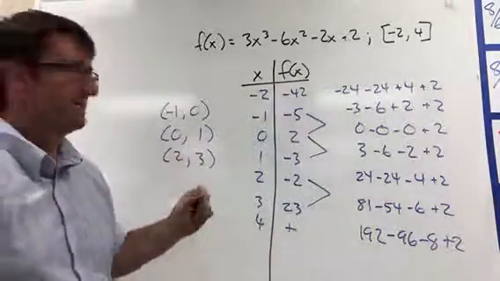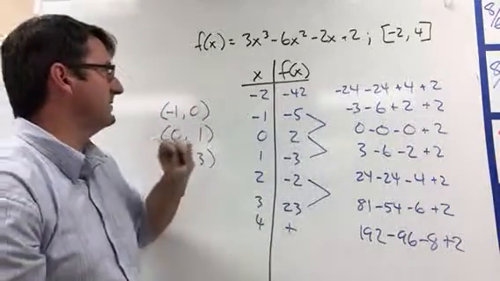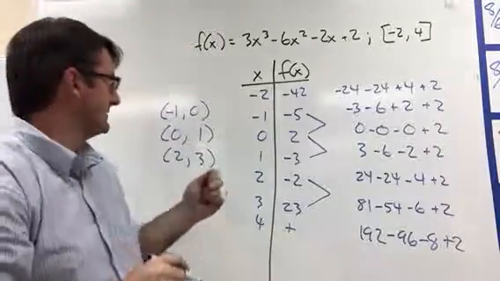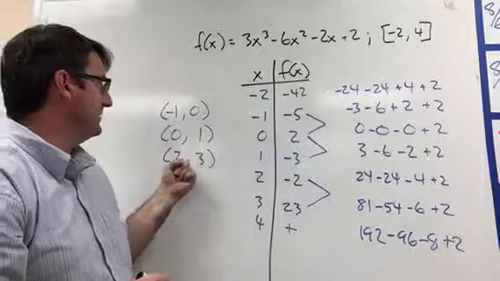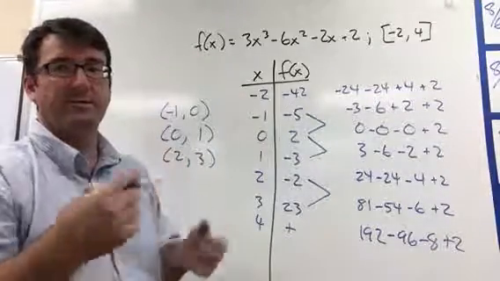So those are x values. So between x equals -1 and x equals 0, we cross the x-axis. It happened again between 0 and 1, and it's going to happen again between x equals 2 and x equals 3.